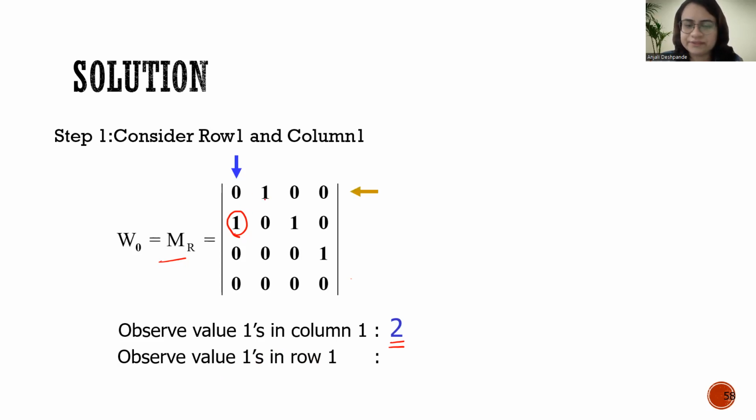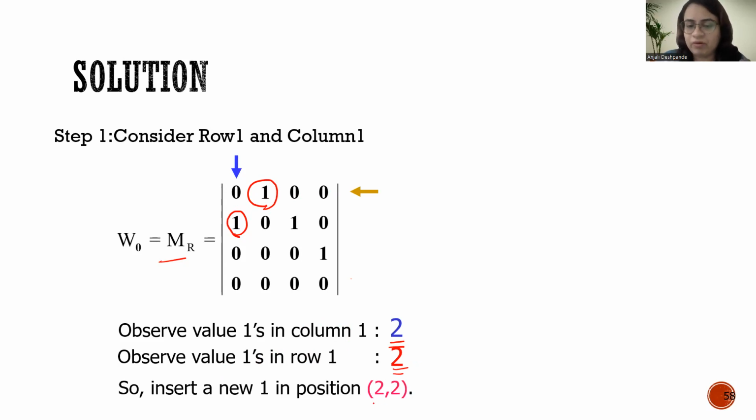So first row is this. 1 is present here. Write down its position. So it is also present at position 2. Now, whatever positions you got, form a tuple corresponding to these positions. The formed tuple is 2, 2.